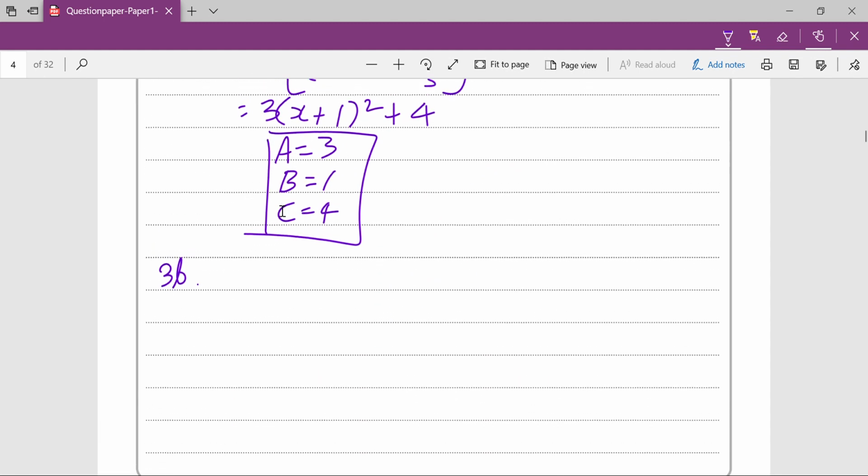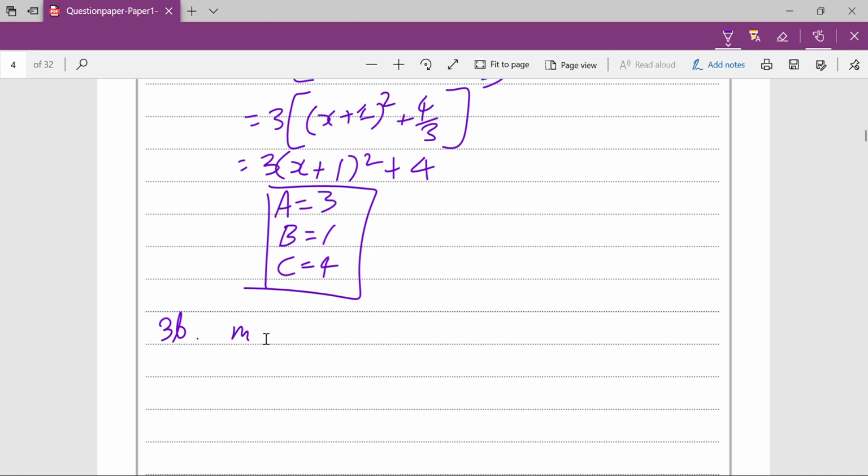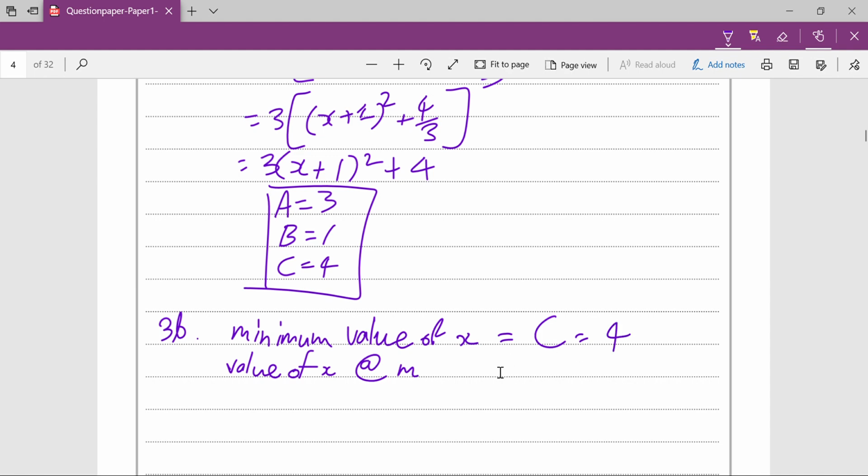So again, saying that the minimum value of f(x) would be equal to c, and the value of x at the minimum would be equal to -b, or -1.